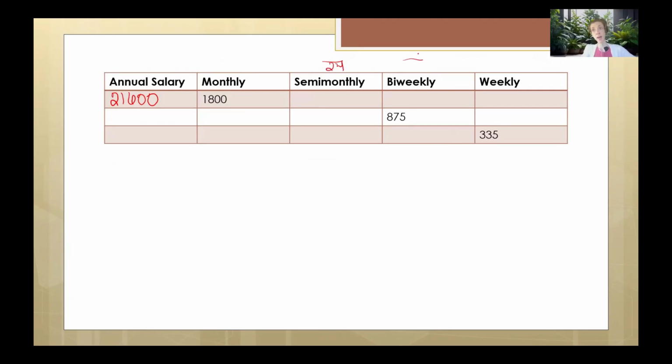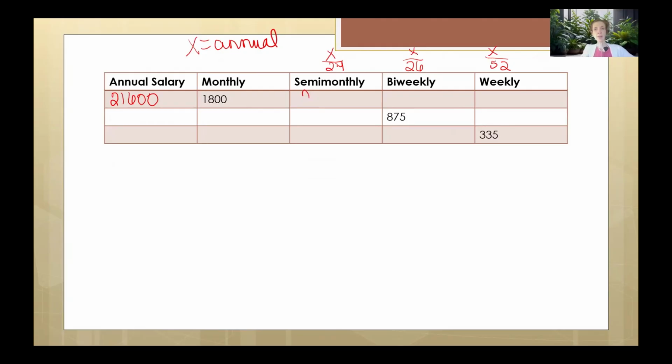This column we're going to divide by 26, right? And this column we divide by 52, right? So we'll just put little X's here. Okay. So we're going to do 21,600 and we'll say X is our annual salary. Okay.